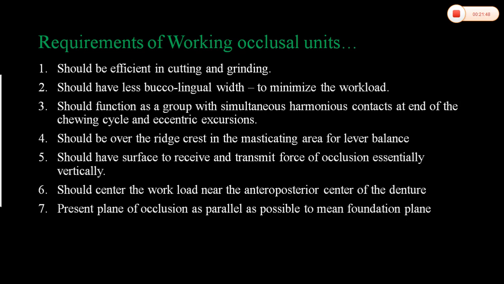For example, if you are chewing on the right side, as you start chewing with the complete dentures, first only the right teeth will be in contact. At the end of the chewing cycle, not only the right side but also the left side teeth have to be in contact. So at the end of the chewing cycle, the opposite side also should be in contact.